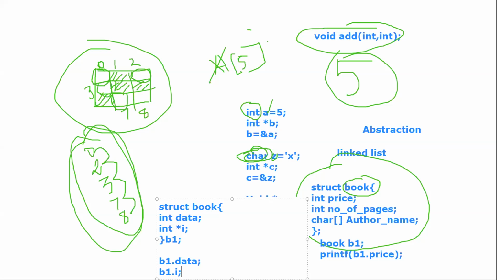You know all these things. Come on, guys. Using which operator will you access the pointer variable of the structured data type? Since it is a discussion class, you can discuss with me.